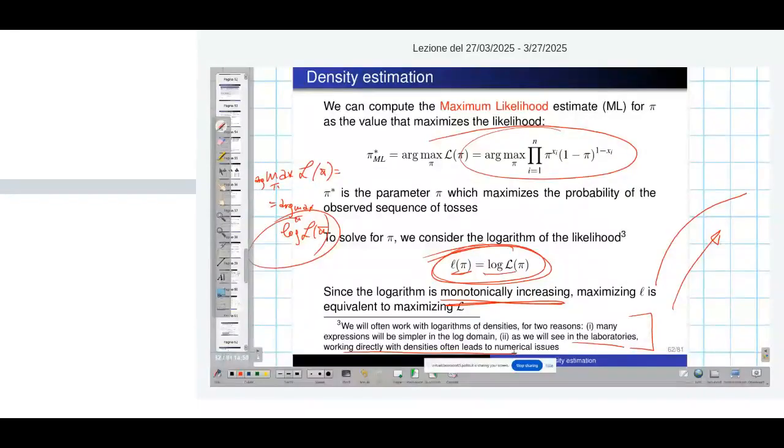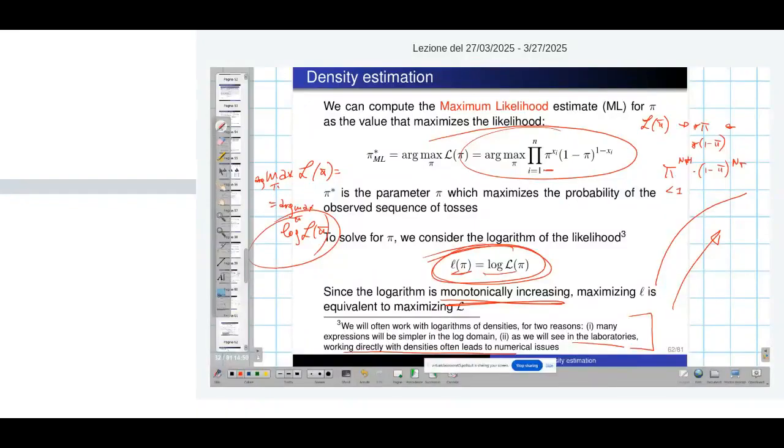We will discuss that in a laboratory, but consider already this case. My likelihood function is a function of pi. Every time I have a toss head, I will multiply by pi, and when I have a tail, I will multiply by 1 minus pi. So essentially my likelihood will be pi to the number of heads times 1 minus pi to the number of tails.